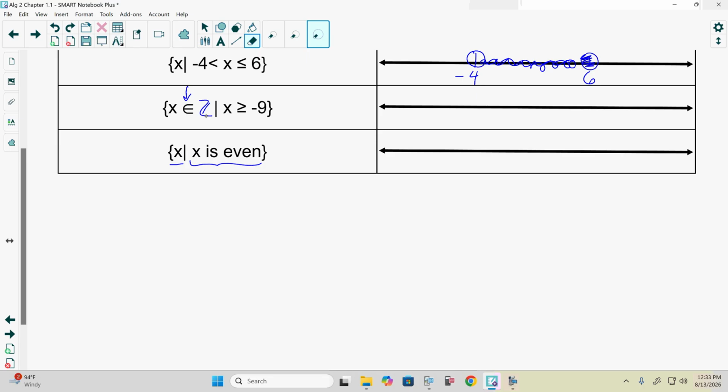So x is an element of the integers such that. So what I've done is I've changed the number group that we're talking about. I'm not talking about all the real numbers. We're just talking about the integers, our positive, negative counting numbers, such that x is greater than or equal to -9. We're not talking about all of our decimal, our rational, our irrational. We're just talking about the integers. It gives us a way to actually describe this set and give it more information. Is this the only way to write it? No.